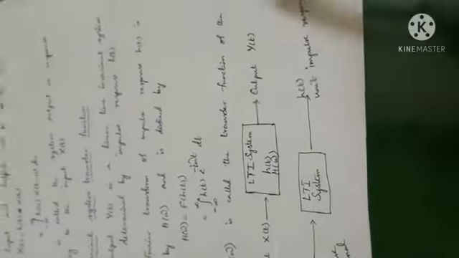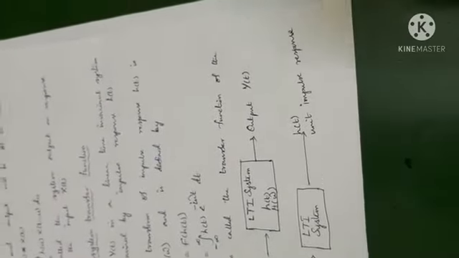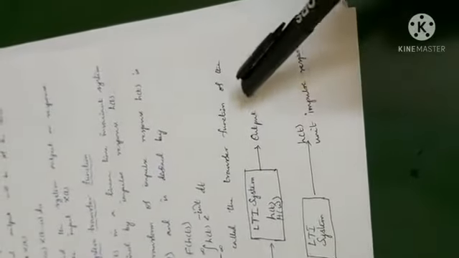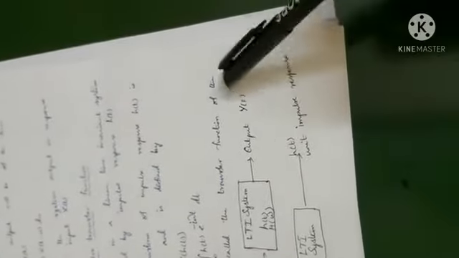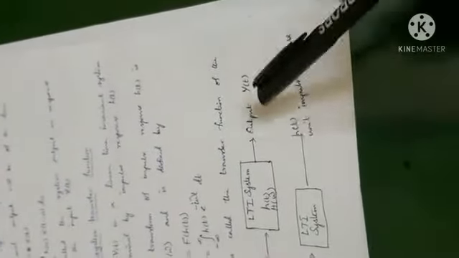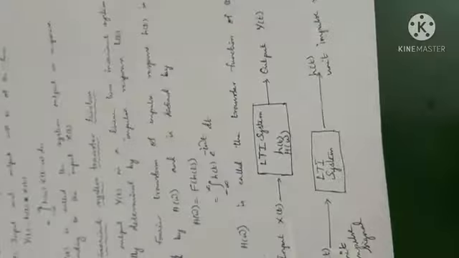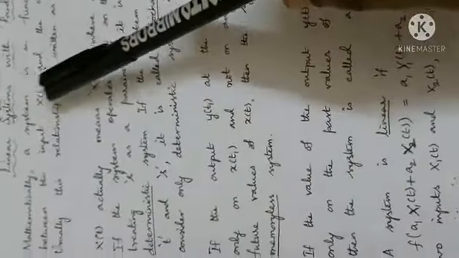Next comes a problem or theorem or property, whatever it is. We prove that y of t and h of t are equal. So what do you know now? The definition of a system. What is a deterministic system?